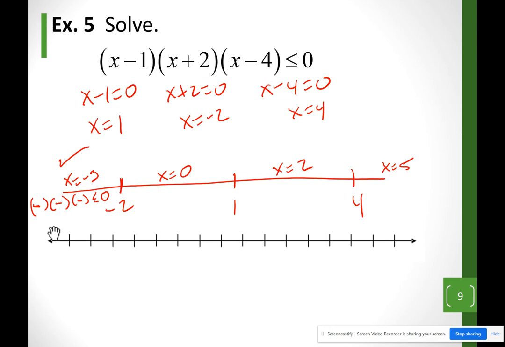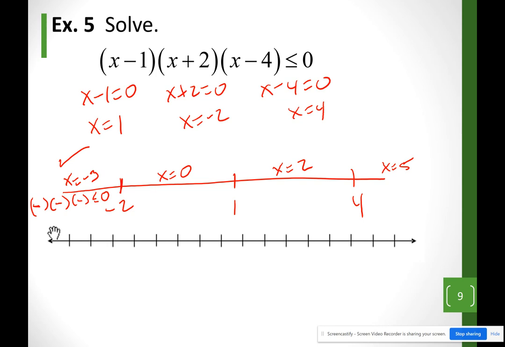Now, when the amount of negative numbers is an even number, like there's 2 negatives, 4 negatives, 6 negatives, 8 negatives, my result is positive. So let me say that again. When the amount of negatives is odd, my result is negative. When the amount of negatives is even, my result is positive.